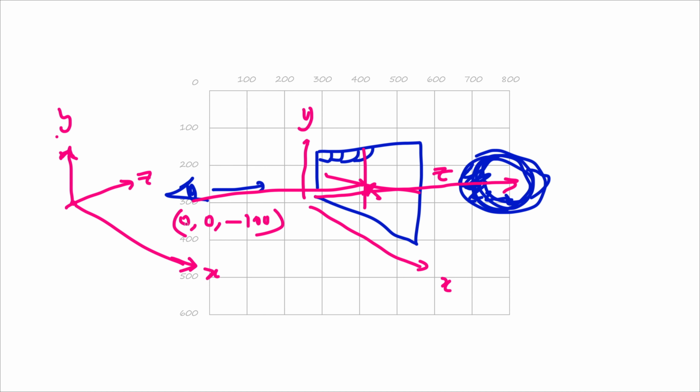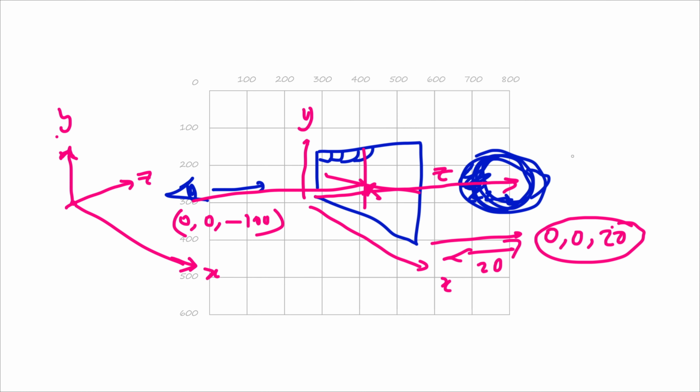Into the viewport, the sphere might be at 0, 0, and it could be 20. So the distance into the scene is 20. So the center of the sphere could be there, 0, 0, 20. And we can give it a radius of, I don't know, 10, 5.